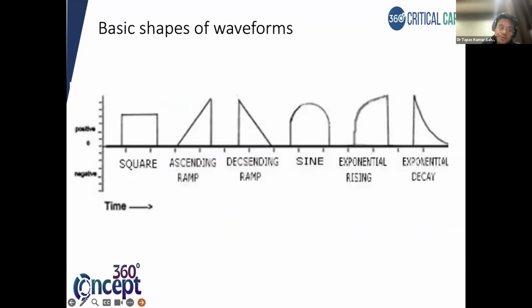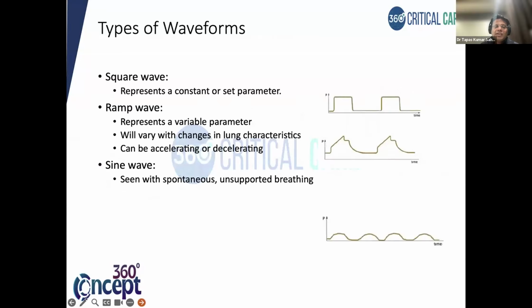The examiner may ask you, is there any other waveform shape you know apart from the square or the sine? So there are the ascending ramp, descending ramp, sine wave, exponential rising, and exponential decay. Clear? Now, if you say the square wave, it represents a constant or set parameter.